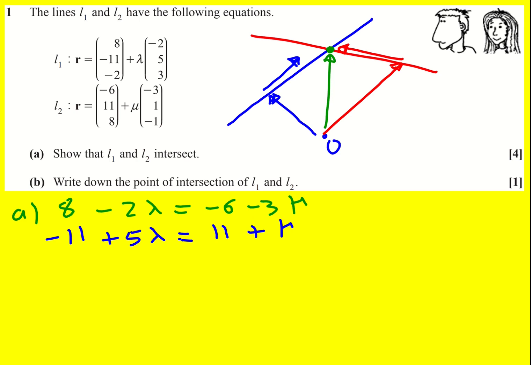And we can set the z parts equal. Now we have three simultaneous equations with two unknowns.